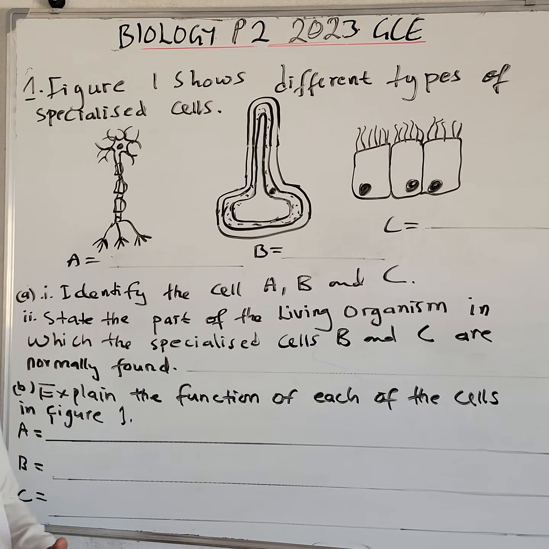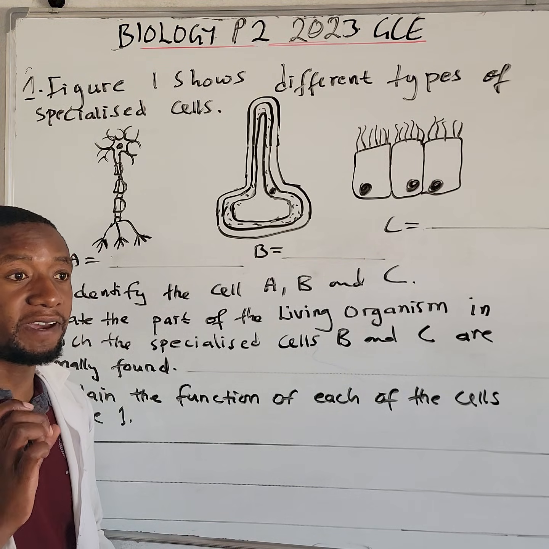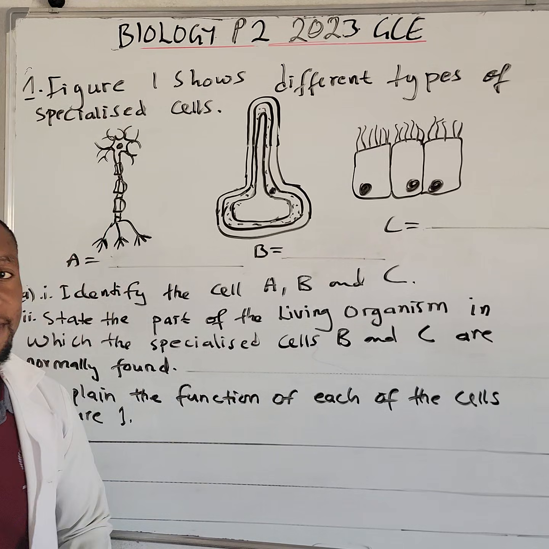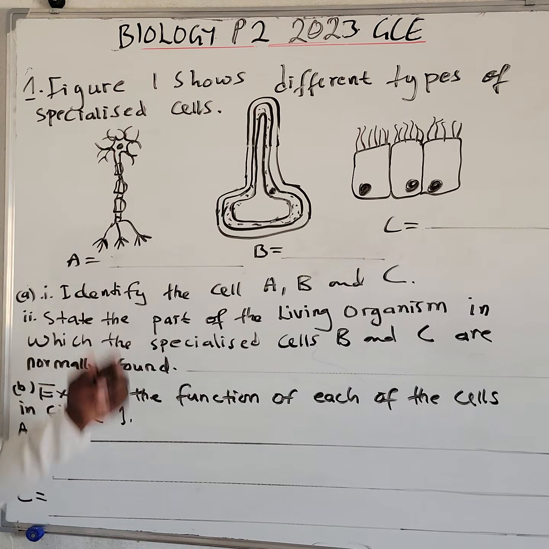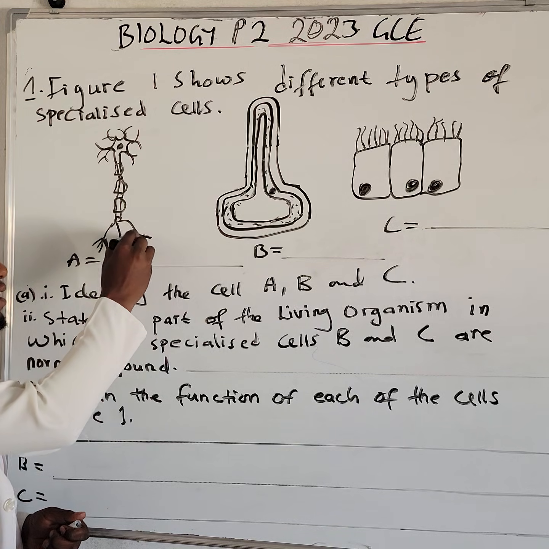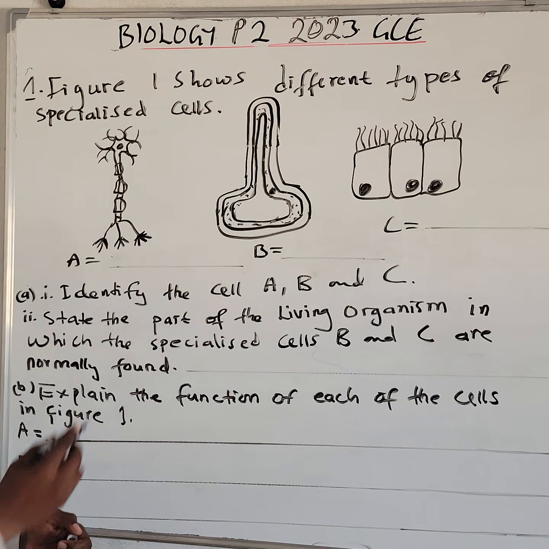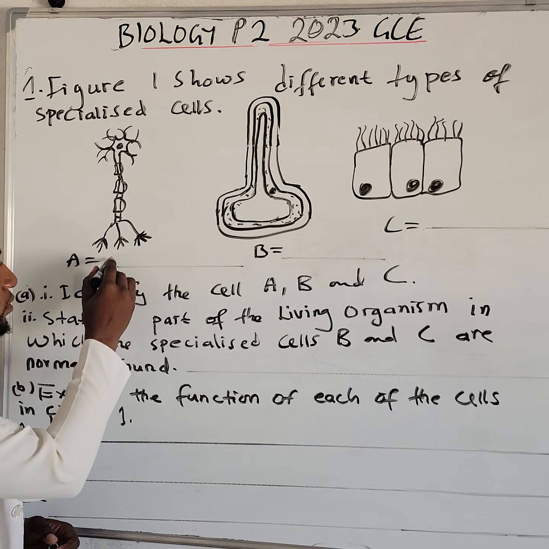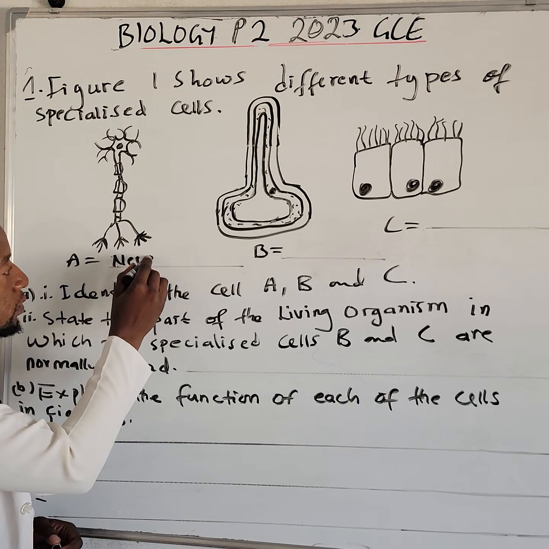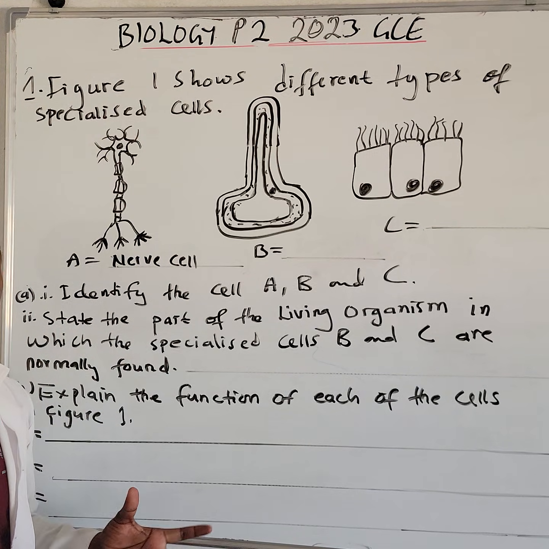So the first question is asking us to identify. We first need to identify these three types of cells. Okay, so just by looking at the dendrites, you can see the axon. This is a nerve cell. A nerve cell is also known as a neuron.